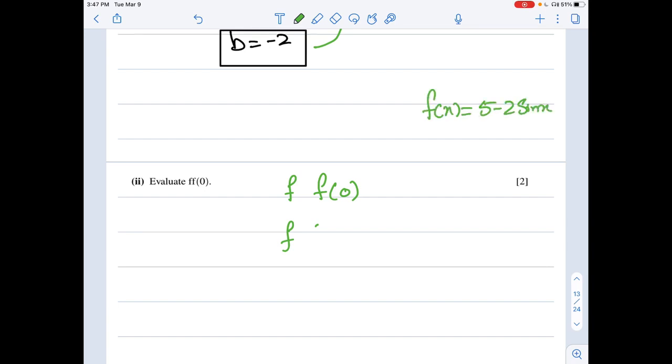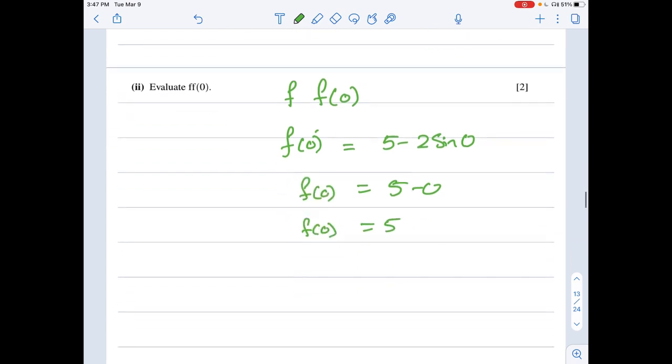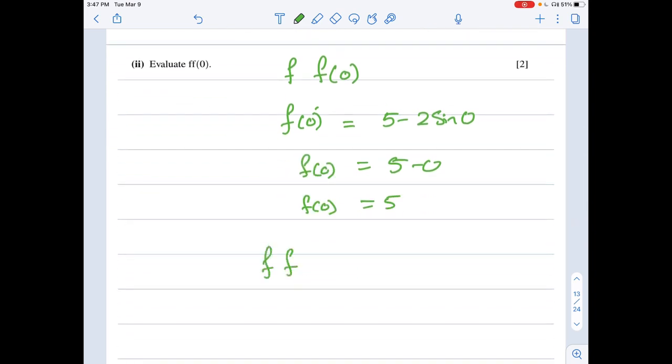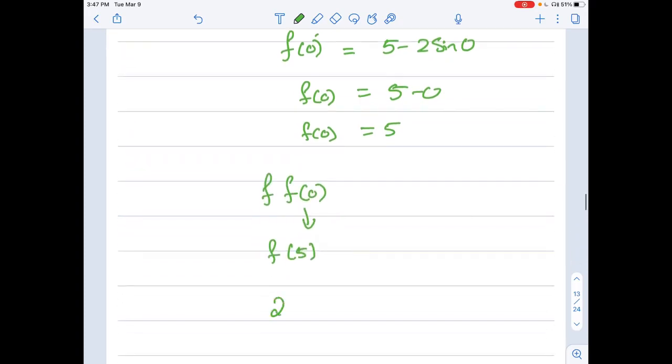Now I want f of 0 first. f of 0 is 5 minus 2 times sine 0, which is 5 minus 0, which is 5. So f of 0 value is 5. So now the question is f of f of 0. What is f of 0 value? 5. So f of 5 will be 5 minus 2 sine 5. Use the calculator to get the answer as 6.92.